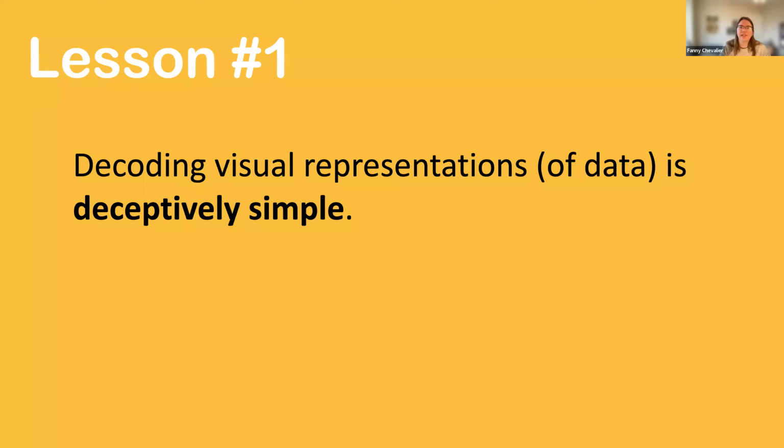So that brings me to a first takeaway that I would like to share with you guys. I will have a few that I cover in this presentation. First one, decoding visual representations of data is deceptively simple. Here I showed an example that is pretty obvious with a clear violation of an established standard, but it's so big and obvious that it actually isn't. We fall easily in the trap. And there are plenty of other more subtle cases that can be at play, which we know from studies in cognitive science and visualization.